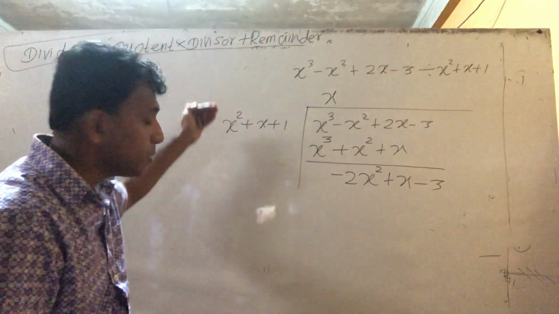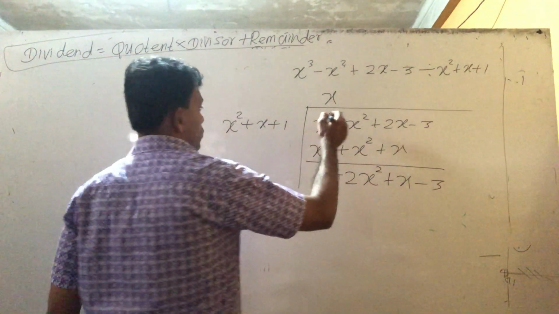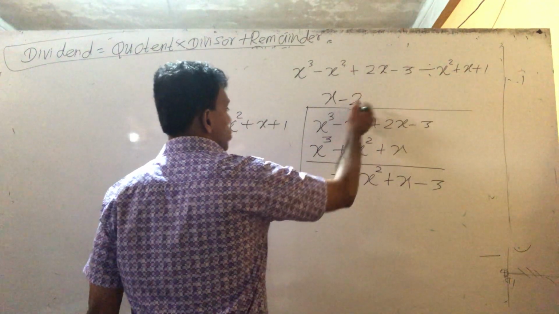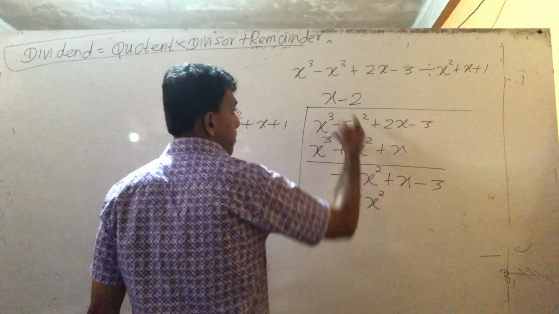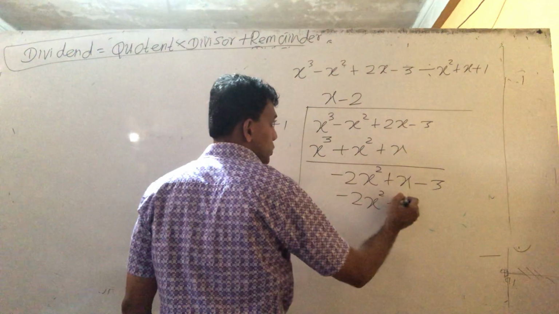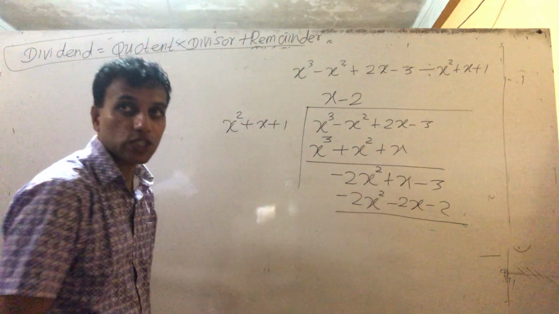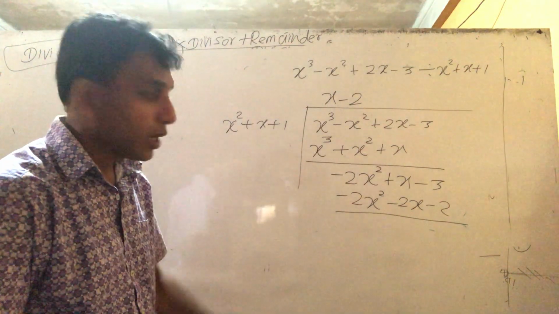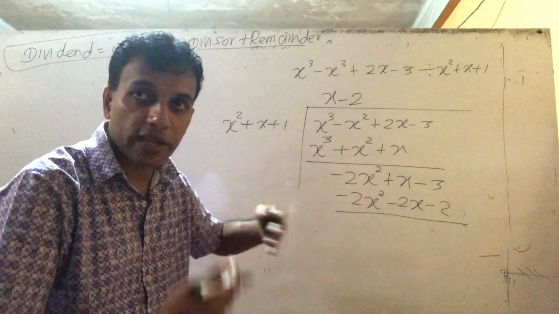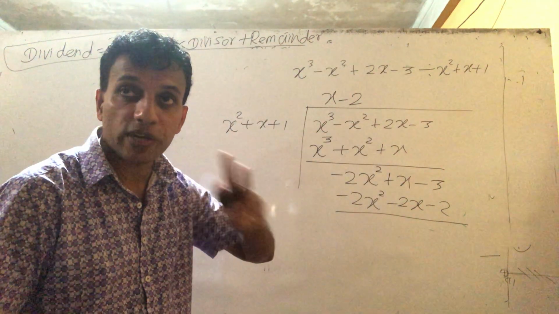That number multiplied with this gives you minus 2x square, so here minus 2. Multiply: minus 2x square, minus 2x, and minus 2. Minus 2x square minus 2x. Now subtract once again. x square cancels. 1x subtract minus 2x is 3x.